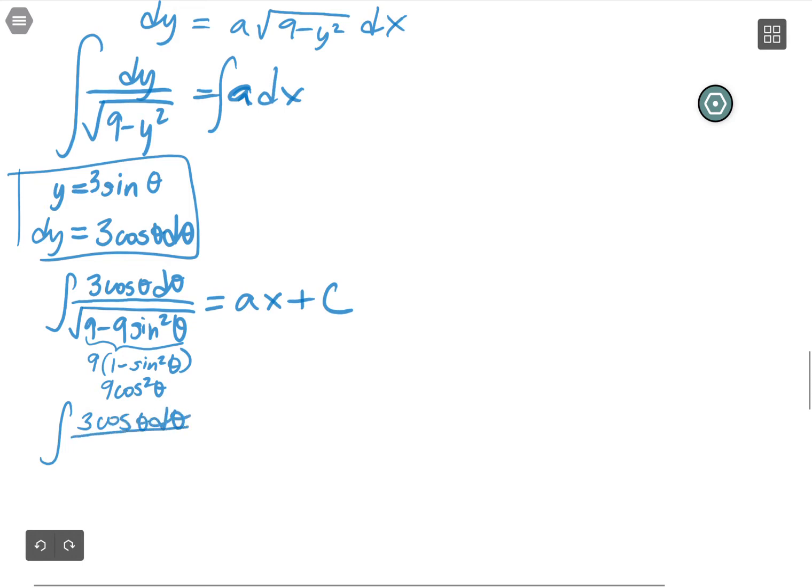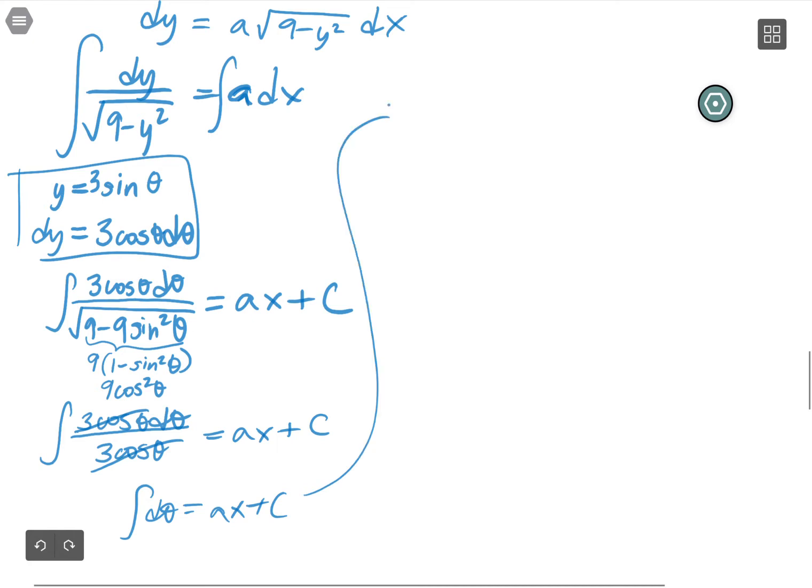And when you take the square root of 9 cosine squared theta, you get another 3 cosine theta. So this actually becomes really simple as well. We have the integral of d theta equals ax plus c, and the integral of d theta is theta.